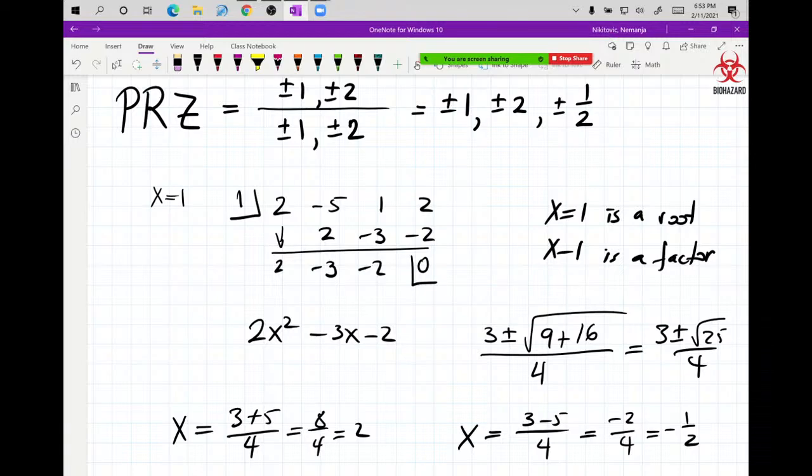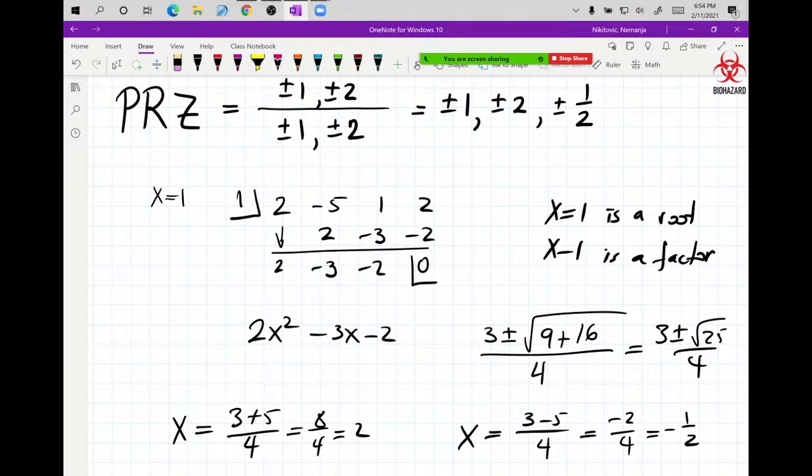Yes. 4 roots for x to the 4th, 5 roots for x to the 5th, and so on. There are never exceptions to the rule. Mathematics is very, very particular. There are no exceptions to the rule, ever. All right, thank you.